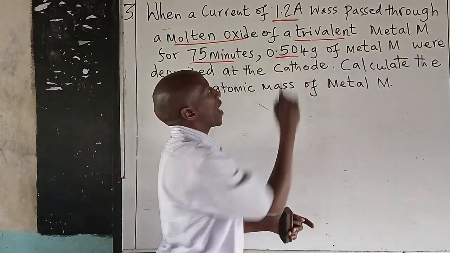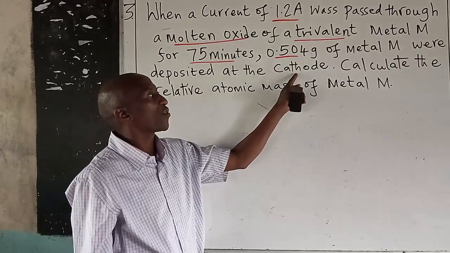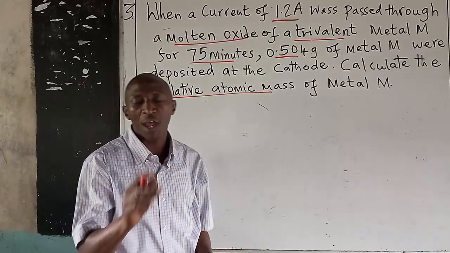That word, trivalent, is very key. 0.54 grams of the metal were deposited at the cathode. Calculate the RAM of metal M.